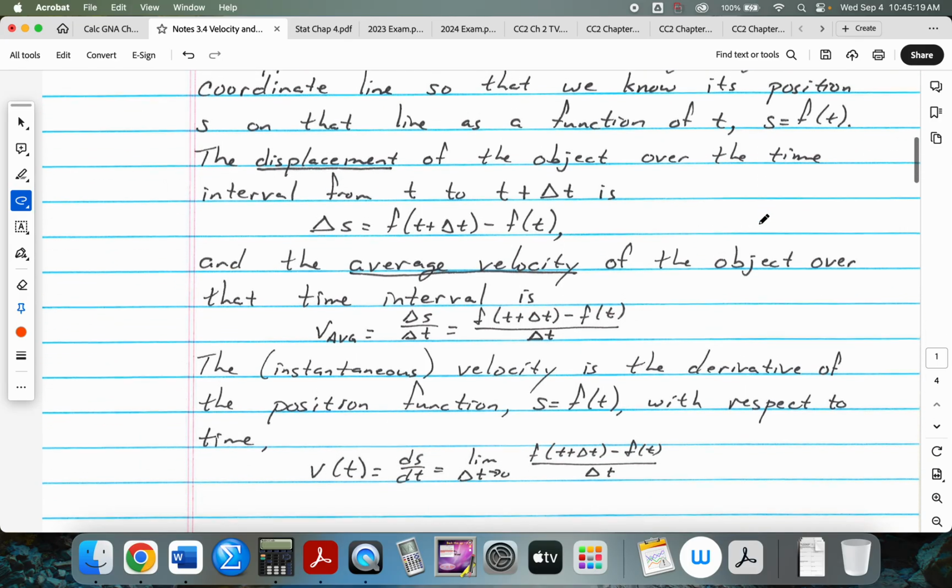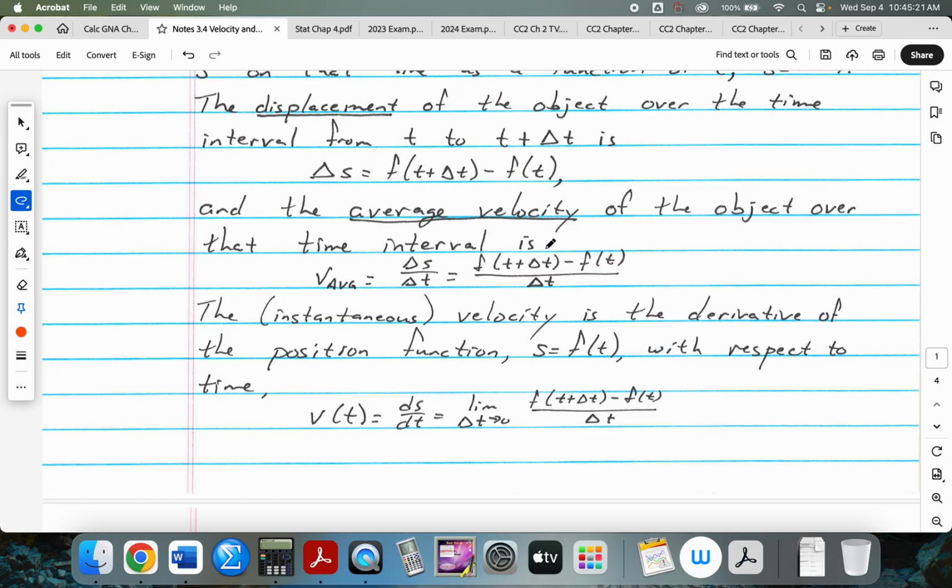The displacement of the object over the time interval from t to t plus delta t is delta s, the change in position, which will be f of t plus delta t minus f of t. Well, that means then that the average velocity of the object over that time, v average, is the change in position over the change in time: f of t plus delta t minus f of t, all over delta t.